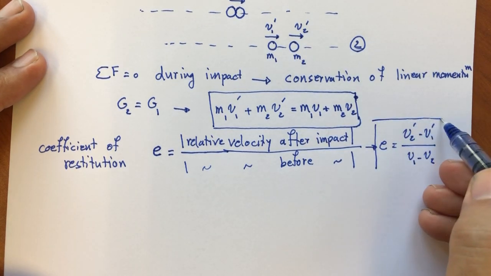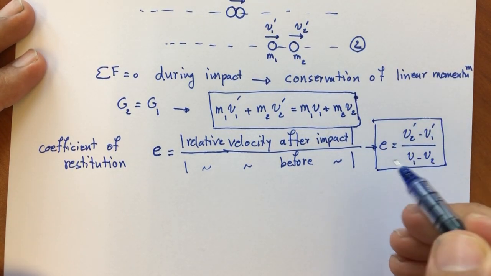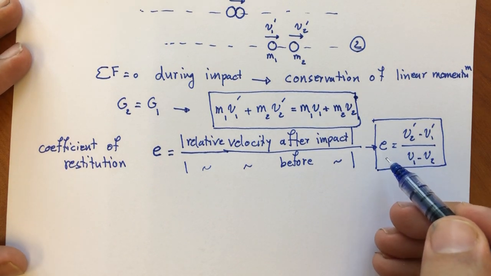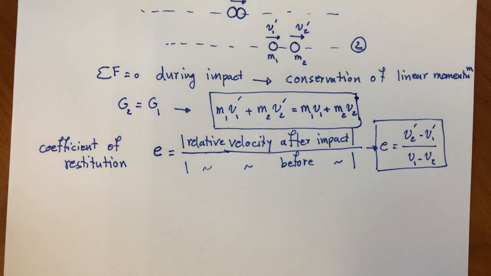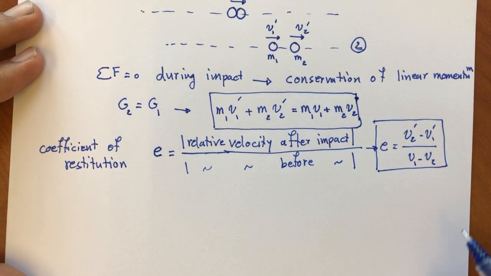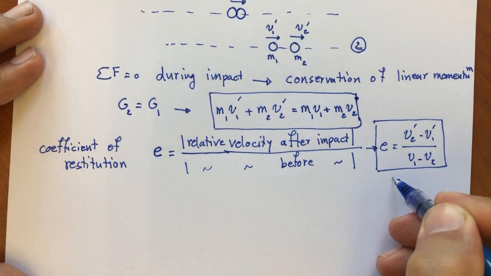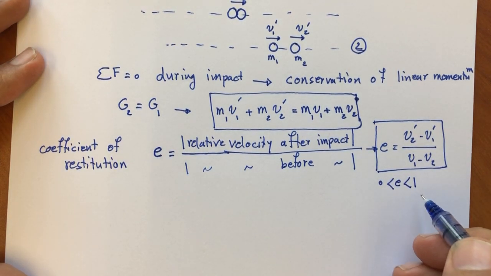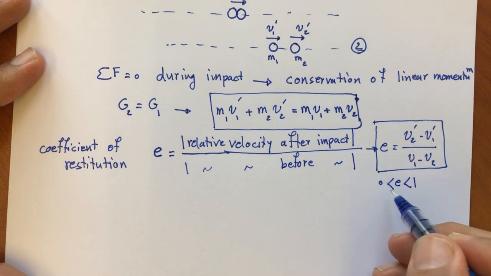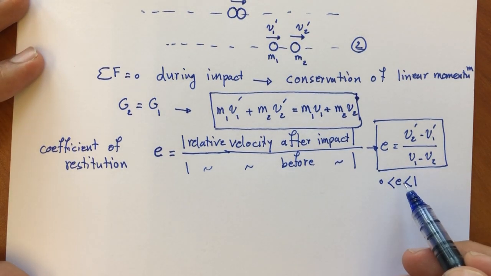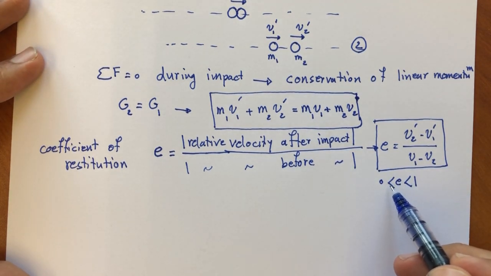So if we have very elastic material, E is going to be close to 1. But if you have very plastic or deformable materials, then E is going to be close to 0. So E is something between 0 and 1. 1 means perfect elastic material, and 0 means very plastic material, which we are going to actually lose a lot of energy.